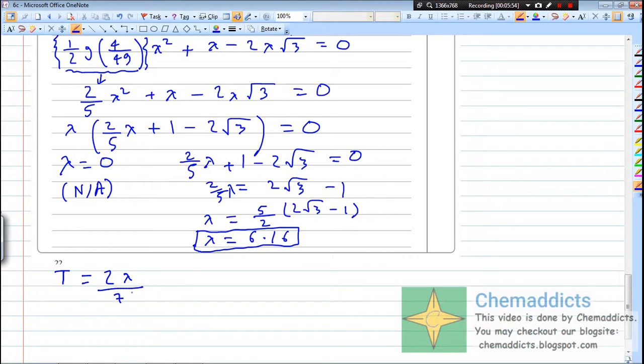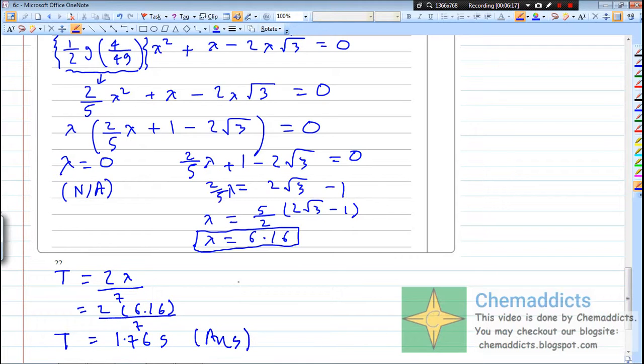We just substituted 2 multiplied by 6.16 divided by 7, which gives us 1.76 seconds. So that's the solution to this question, and this is the answer.